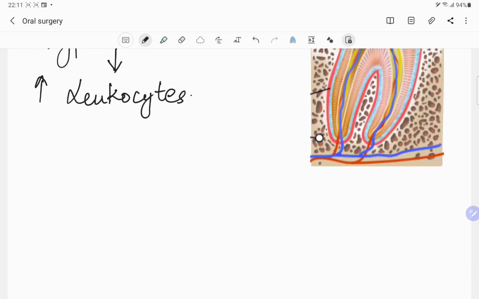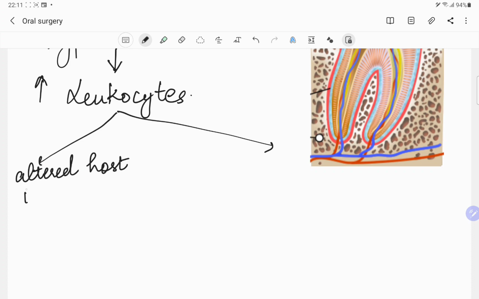But what happens if there is altered host immunity? That means the person's immunity is not sufficient to fight against the infection or the bacteria. That means the immunity of the person is bad.